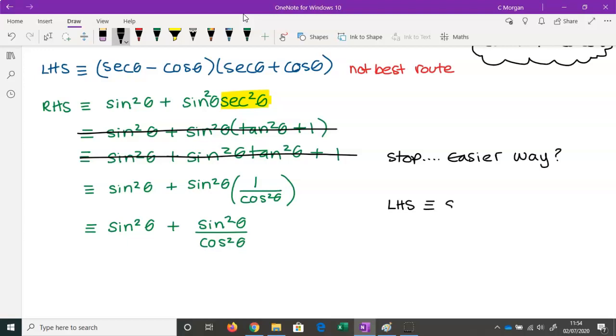Now my left-hand side was sec squared theta minus cos squared theta. And if I think to myself, sec squared theta is the same as 1 over cos squared theta. So actually, what I'd really like to do is get everything in terms of cos squared theta. So that's what I need to keep in my head.